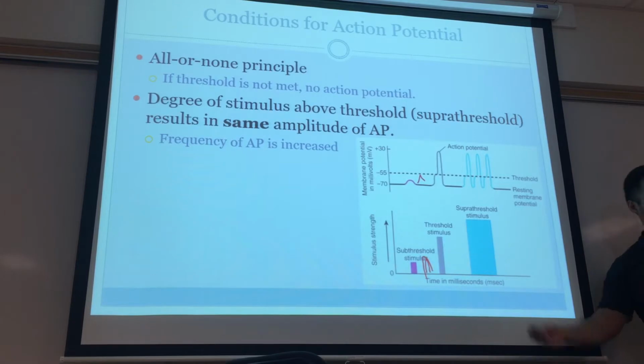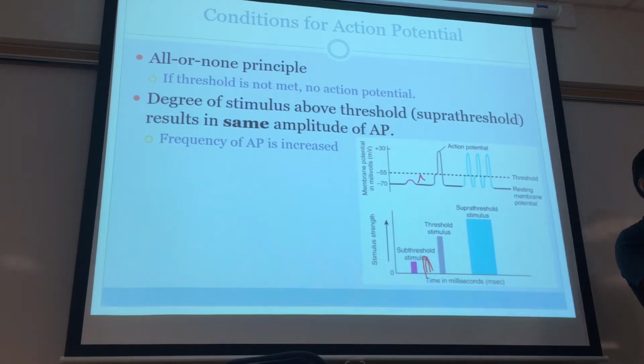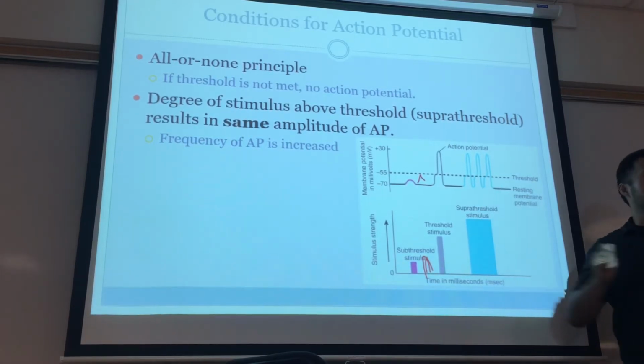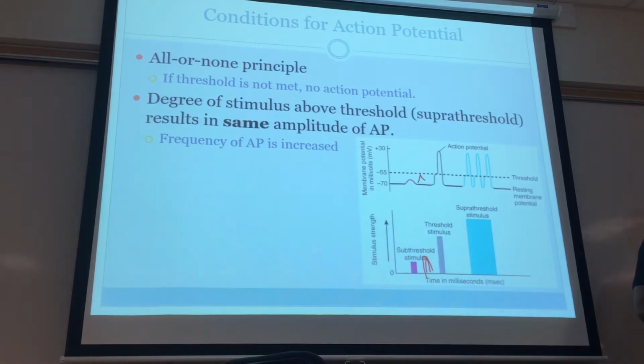Think about it. If I took something and stabbed your finger, those subcutaneous receptors are firing a bunch of times. And the number of times they fire for suprathreshold stimuli will signify how intense the stimulus is. So it's just repetitive times hitting the threshold. That's all it is.